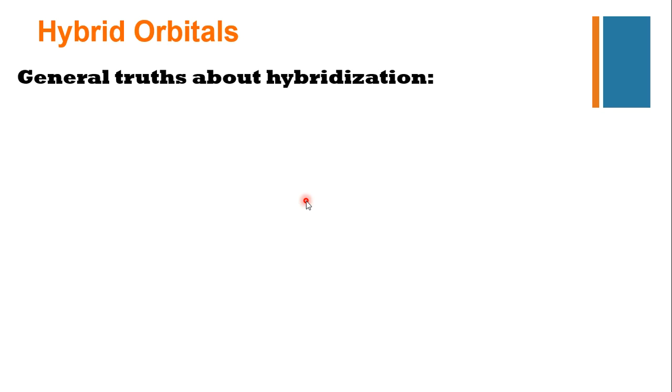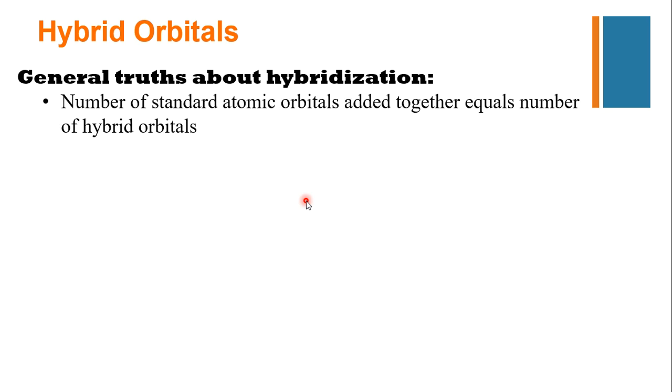All right, so just some general truths about hybridization before we dive in and look at specific examples. The number of standard orbitals that we add together is going to equal the number of hybrid orbitals that we get out on the other side. Another way to say that is, if I smash together 4 standard orbitals, I'm going to get 4 hybrid orbitals out on the other side.